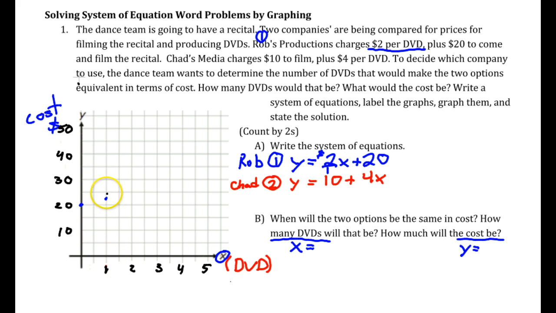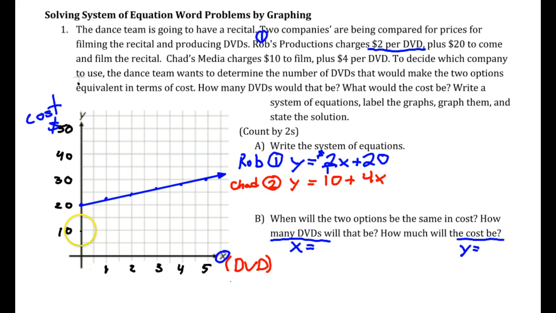So up 2 more would be 24 for 2, 26 for 3, 28 for 4, and 30 for 5. Makes sense, going up $2 at a time.